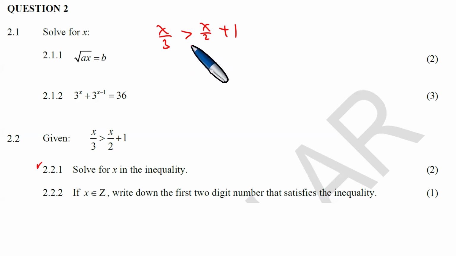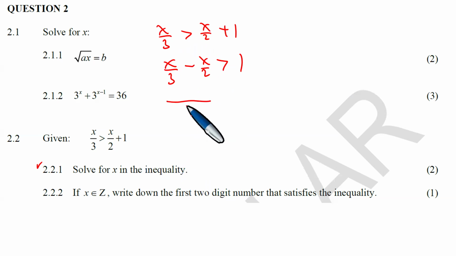We collect like terms together, that's what we do. So we're going to collect the x terms together. And so with x over 3, we have minus x over 2, and this is bigger than 1. We have collected like terms, and that's what we always do.